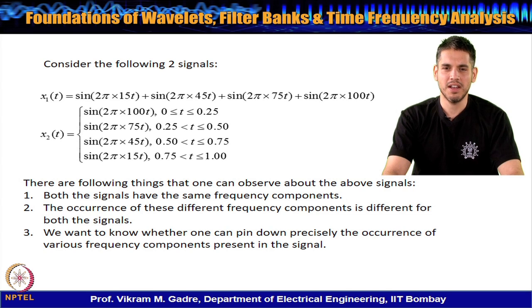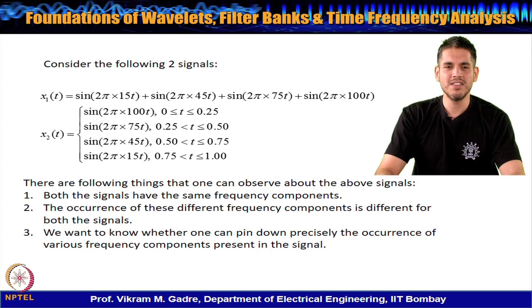In the first signal, x1(t), there are four different sinusoids of different frequencies which are present throughout the time interval. Whereas in the second signal, these sinusoidal components occur at different points in time.